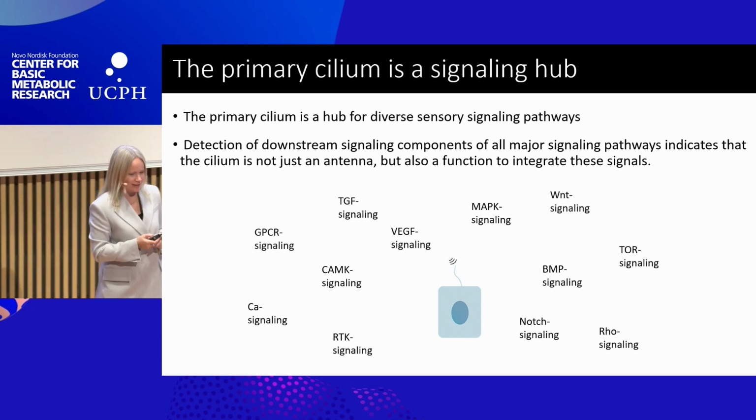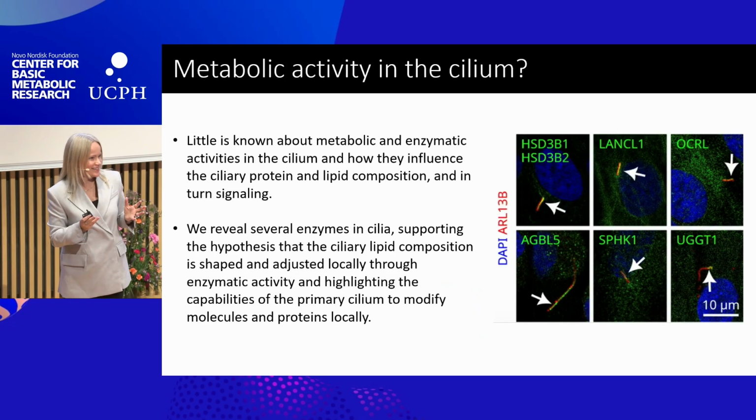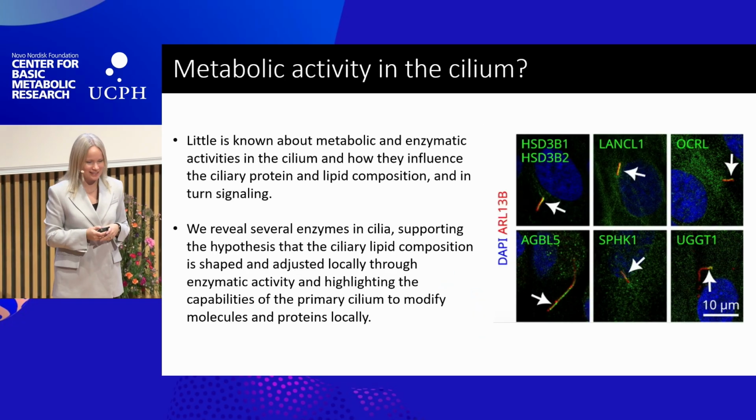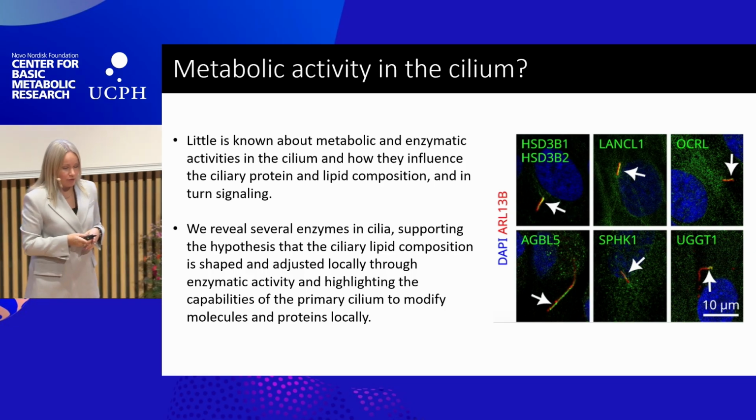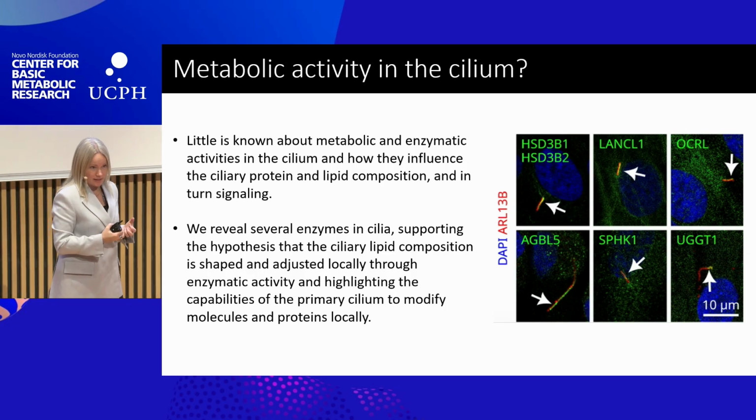And for this talk, I thought particularly, did we find any enzymes? Did we find signs of metabolic activity in the cilium? Pretty little is known about metabolic and enzyme activities in the cilium, but of course it's known that lipids are very important, for example, for hedgehog signaling. And we could find multiple enzymes in the cilium, for example, the ones shown here.